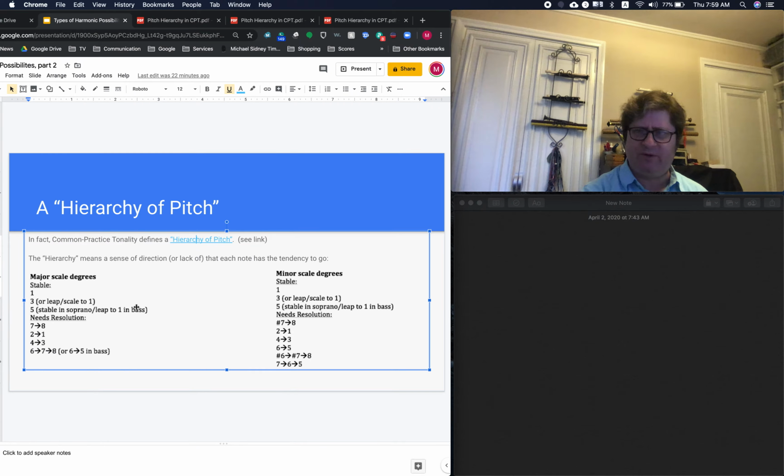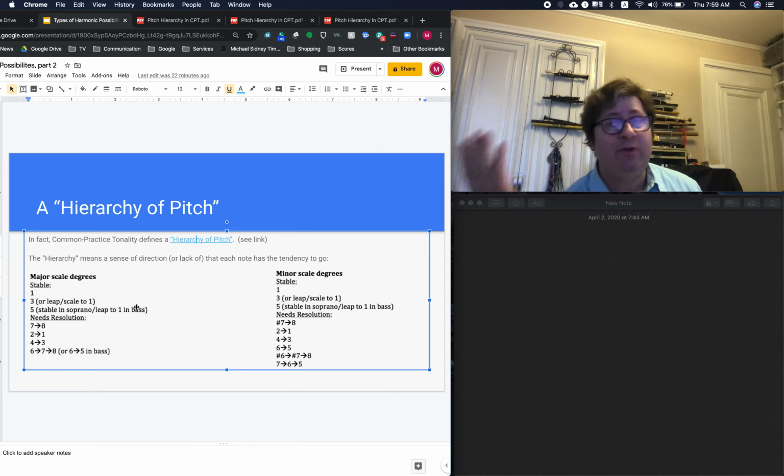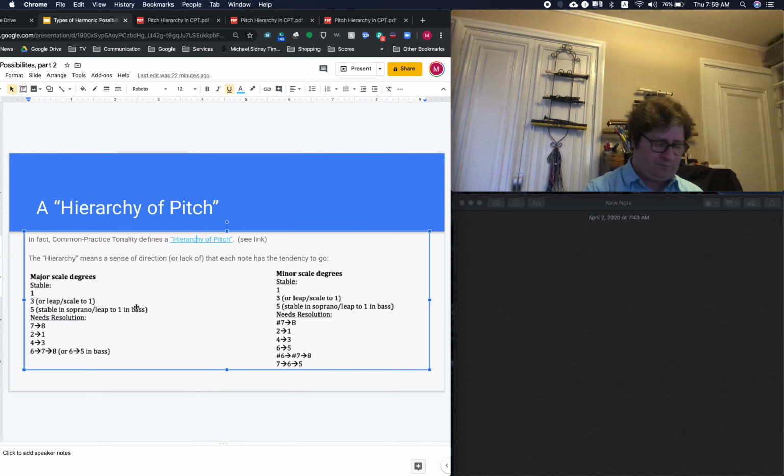All the other tones want to resolve. This is 4, wants to go to 3. So 2, 1, 7, 8, 4, 3. What about 6? Maybe like this, but really 6 wants to go up to 7.